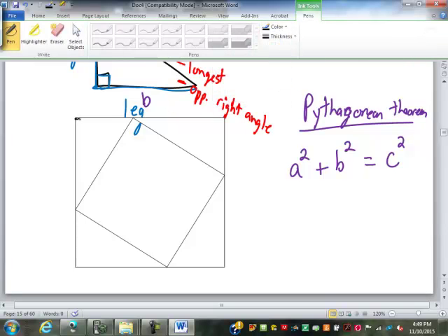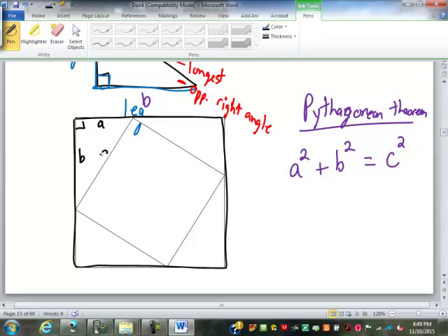I have created a square right here with 4 right triangles that are identical. Here's my right angle. I'm going to call this side A, B, and C. So this will be side A, B, and C. A, B, and C. A, B, and C.